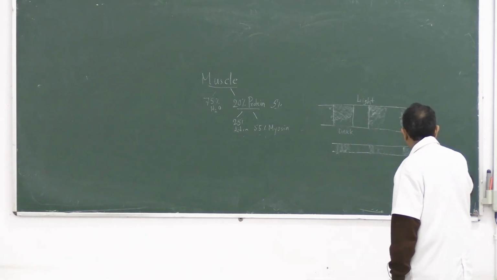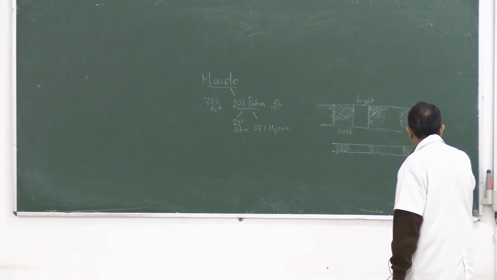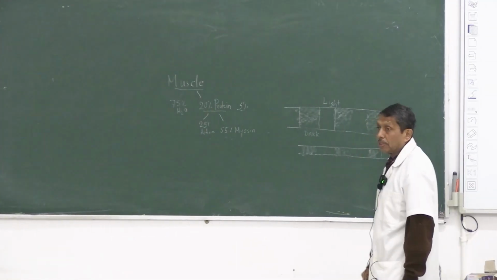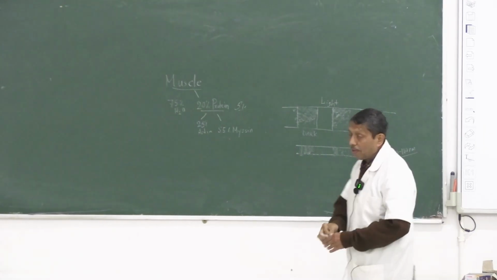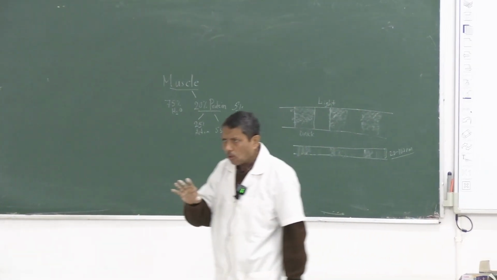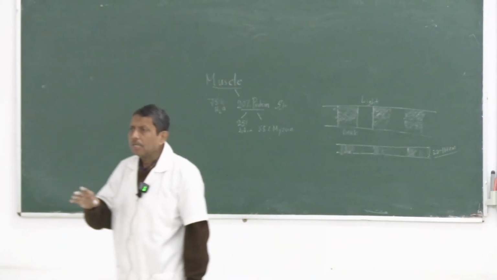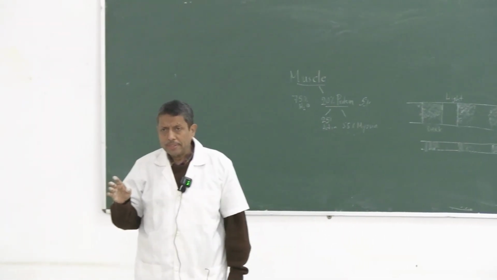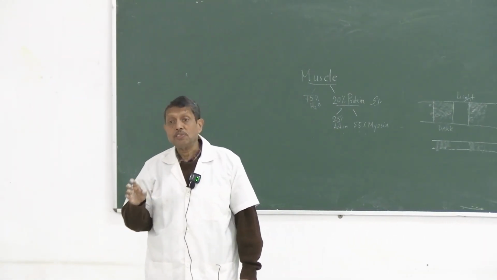And the muscle fiber diameter is 20 to 100 micrometers. And a muscle, skeletal muscle, is an organ. And when you have seen the muscles in your anatomy department, they are formed of fascicles.